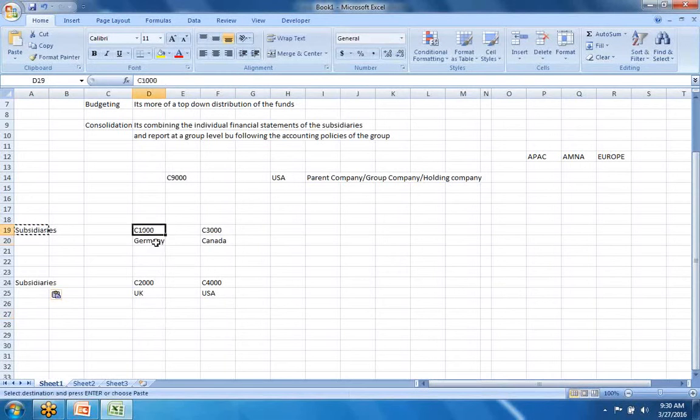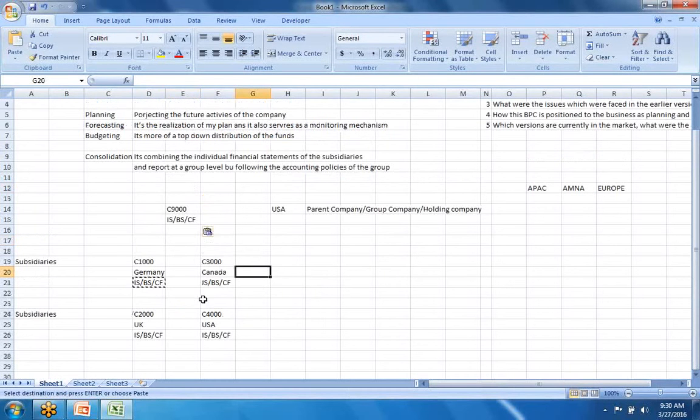Now, C1000, which is in Germany, will produce its financial statements like income statement, balance sheet, and cash flow statement at the end of the year. In the same way, each company code will produce its financial statements.